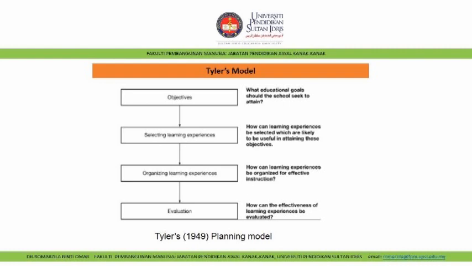The third step is organizing learning experience: how can learning experience be organized for effective instruction? And the last step is evaluation: how can the effectiveness of learning experience be evaluated? So this is a planning model from Ralph Tyler, 1949.